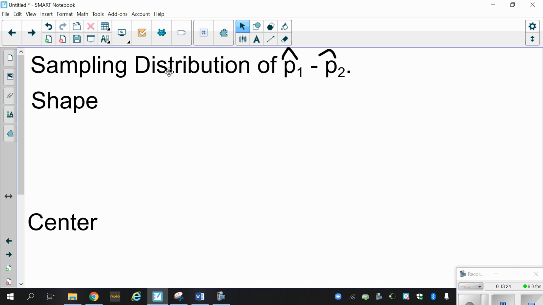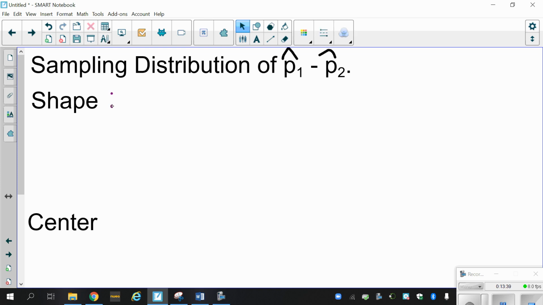The shape of this new random variable will be approximately normal if the shapes of the two random variables separately are approximately normal.